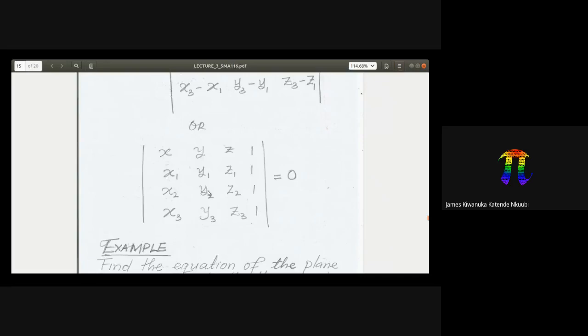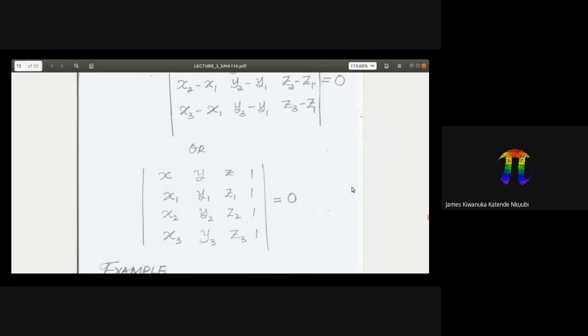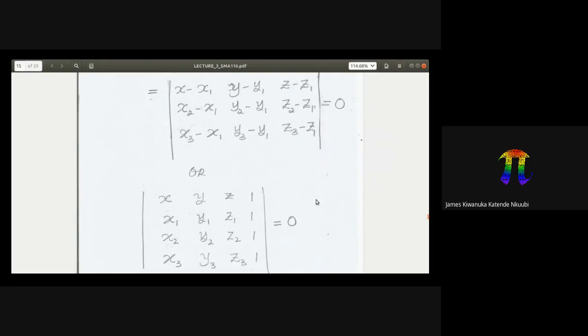This one may be easier to recall than this one, but they both give you the same determinant, 0. I'll leave that as an exercise for you to check that these two are indeed representing the same thing.